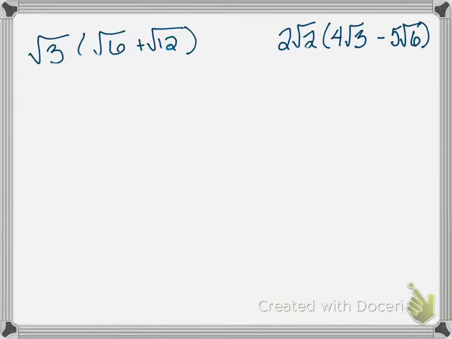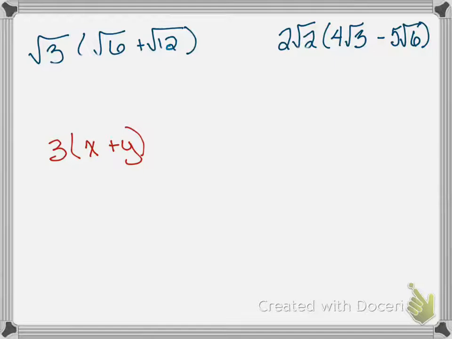Okay. I want us to look right here. We've got the square root of 3 on the outside of the parentheses, and then I've got the square root of 6 plus the square root of 12. This is very similar, and we would multiply or simplify this the same way we would something like this.